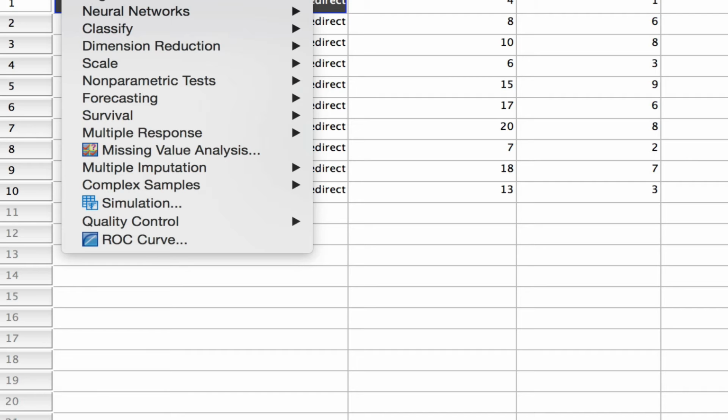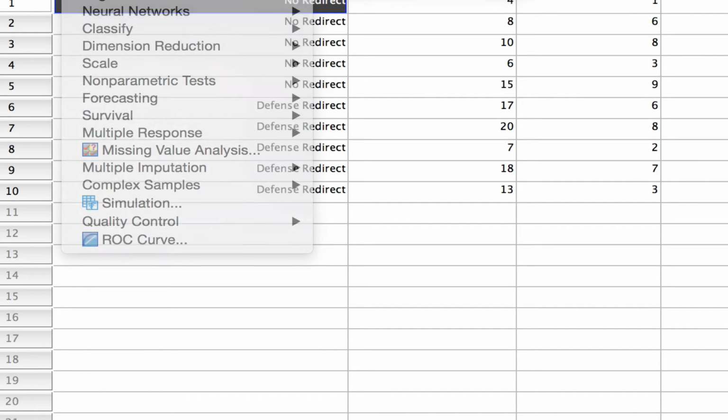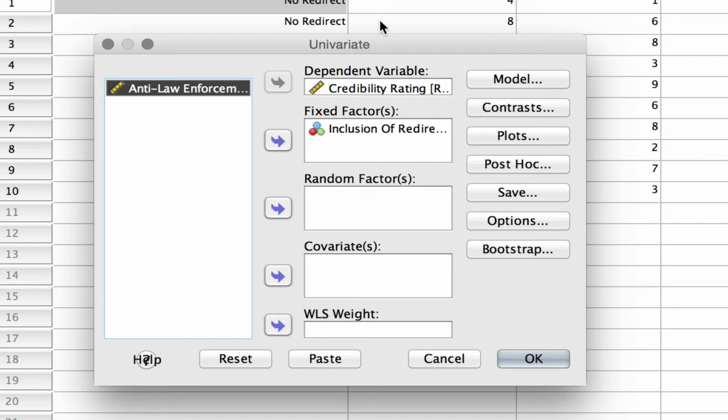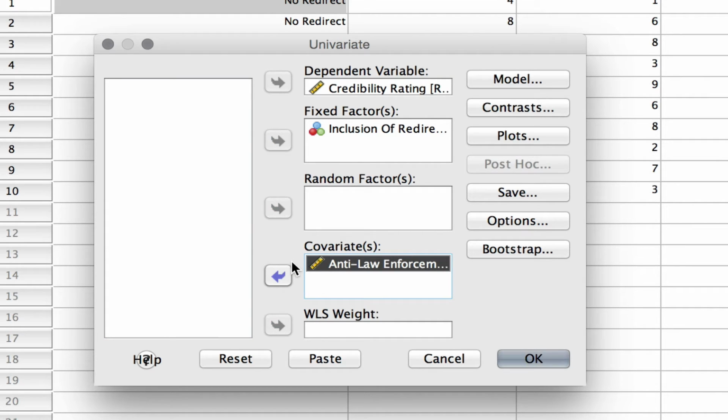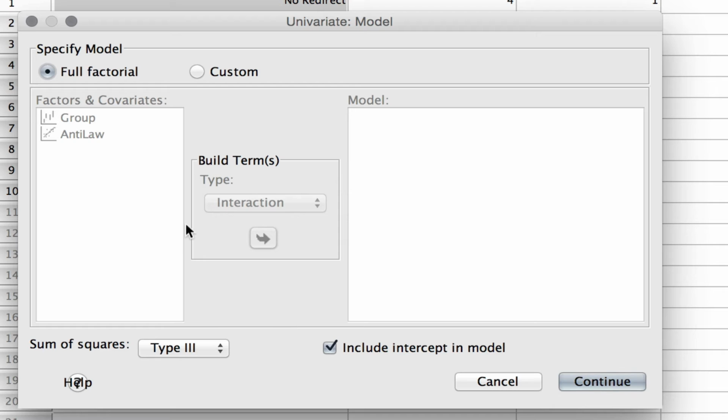Analyze, General Linear Model, Univariate, and this time we're going to put our covariate in as our covariate, but we don't want to do the ANCOVA yet because we need to check this homogeneity of regression assumption. So we're going to customize our model, and instead of leaving it as the default, which is ANCOVA in this case because we've added in a covariate, we're going to say Custom, and it's going to allow us to specify the effects that we want in our model.